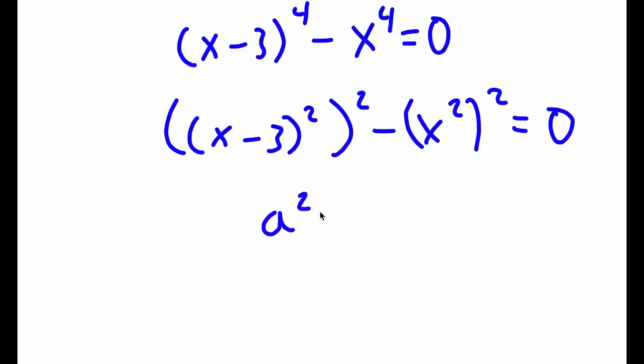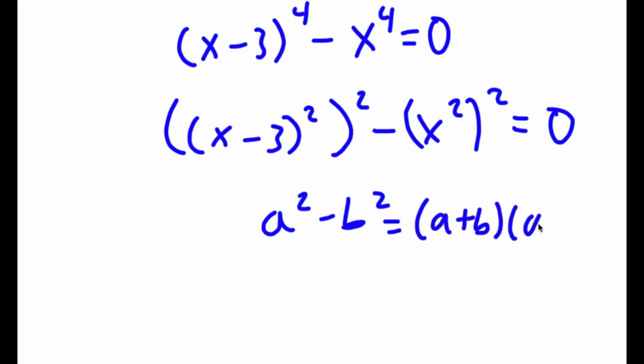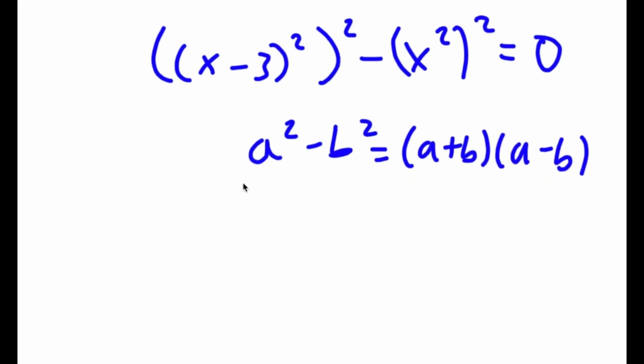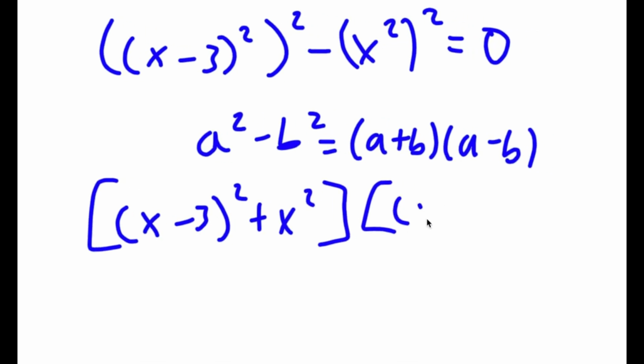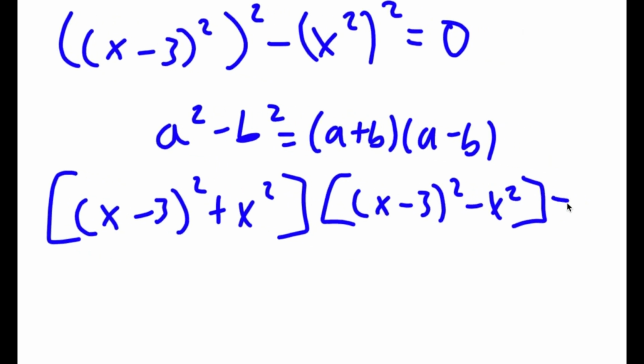And if I have something in the form a² - b², this is equal to (a + b)(a - b). So this is going to equal ((x - 3)² + x²)((x - 3)² - x²) = 0.